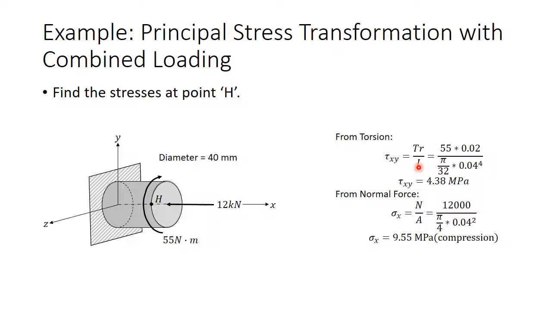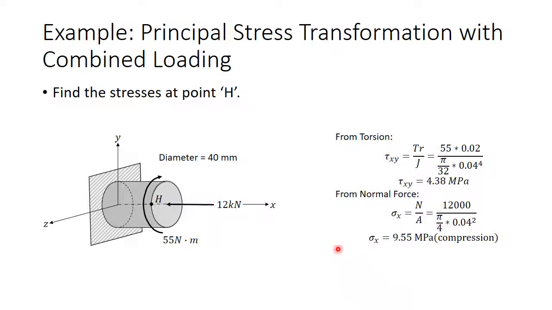And your polar moment of inertia is simply this equation here, where this is your diameter. Your normal stress is simply your normal force divided by your area. And so from these 2 calculations, we have a shear stress and a normal stress.